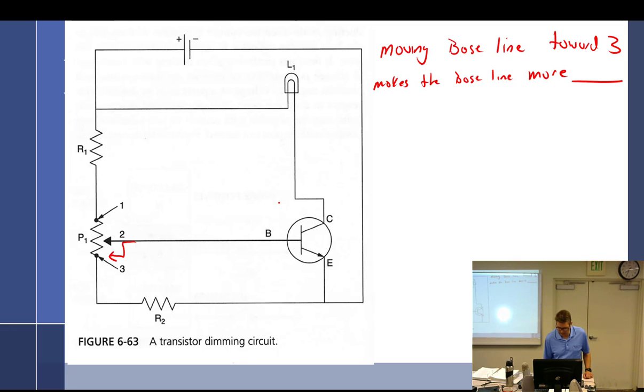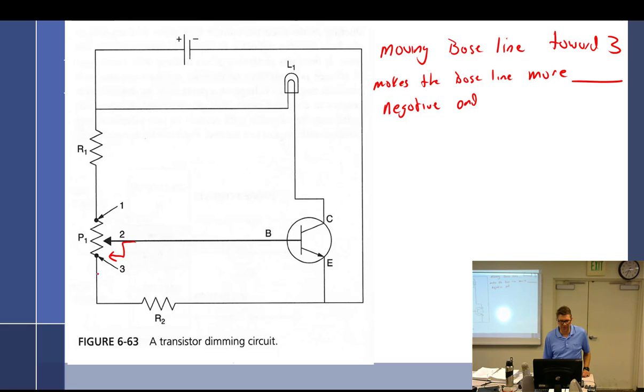Hopefully that's right. I'll just put it here. And what's that going to get for me? It's more negative, less positive base. Brighter? I think it would be brighter.